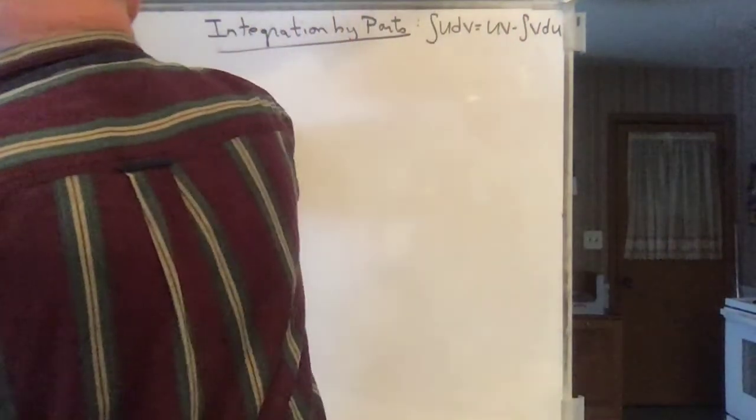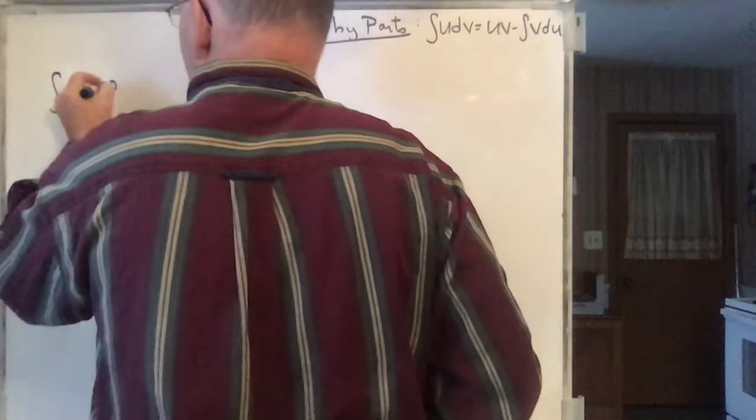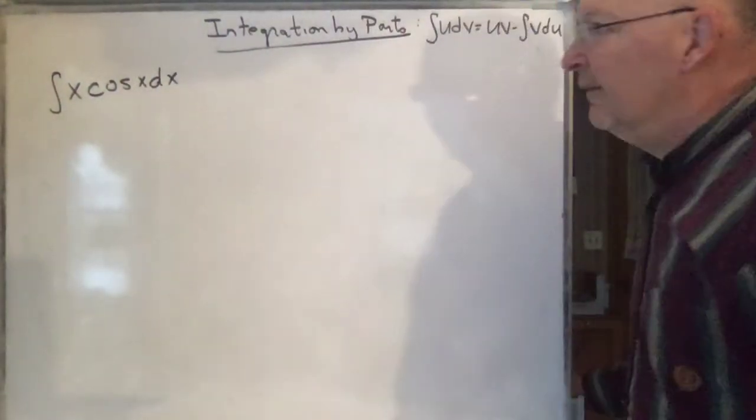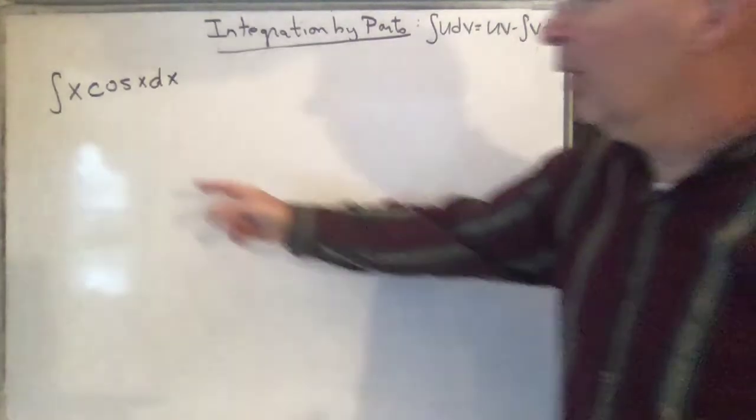Let's try x times cosine of x dx. Okay, I'm going to do it similar to the previous one. I'm going to think, well, let's see.